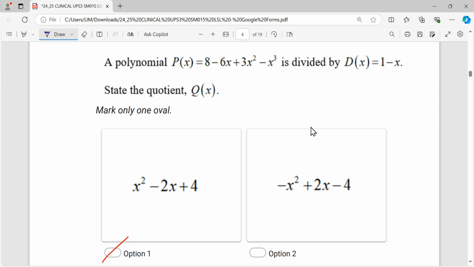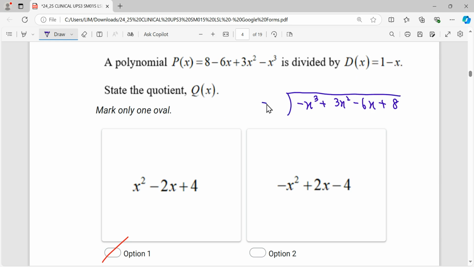Next, a polynomial is divided by this, state its quotient. So we find our quotient using long division. We rearrange this polynomial in order, starting from the highest power, continuing to the power of 2, then power of 1, then constant. Then we divide with this divisor.